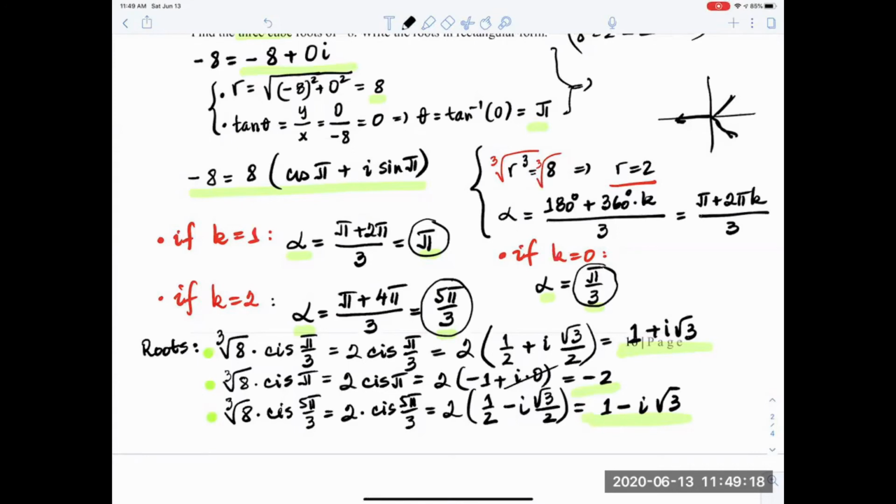So you can represent 1.73. And then 1 minus 1.73, so it will be a little bit smaller right there, because you get a negative number. But those will be the roots if you put them on the graph, okay?